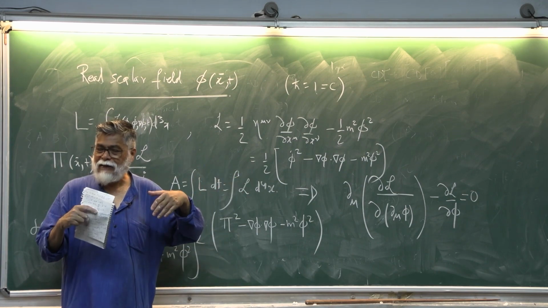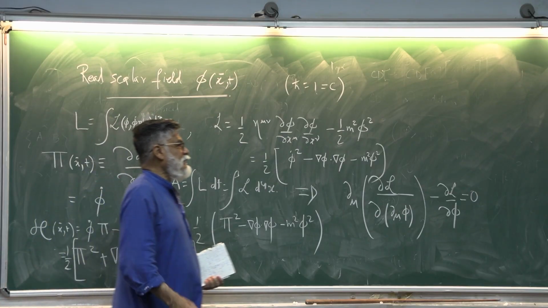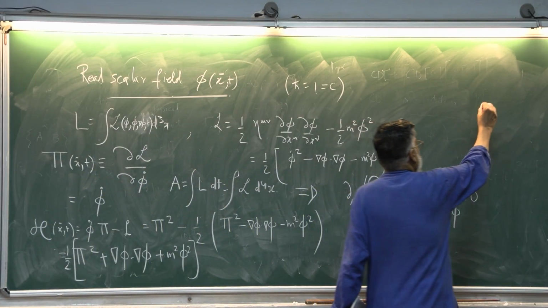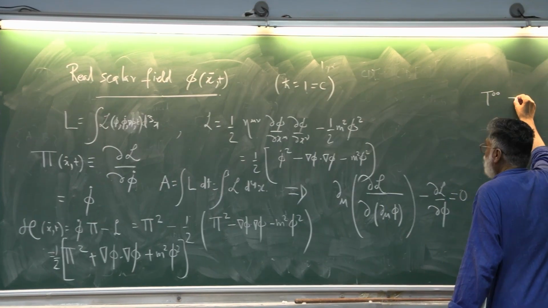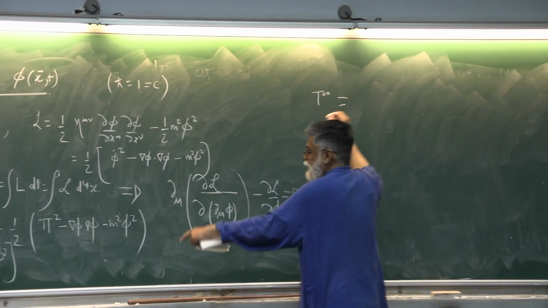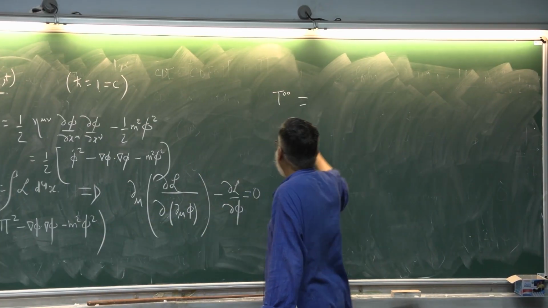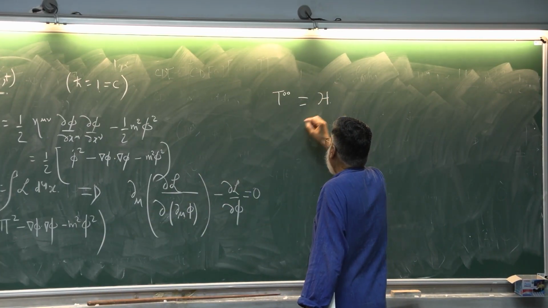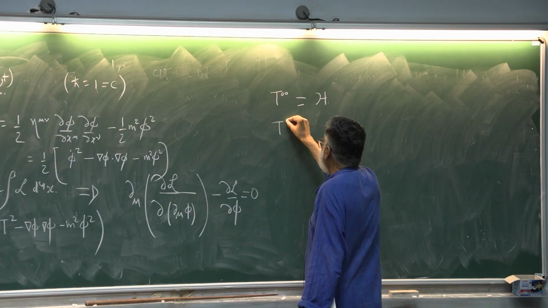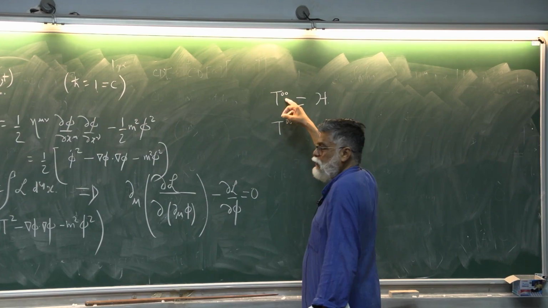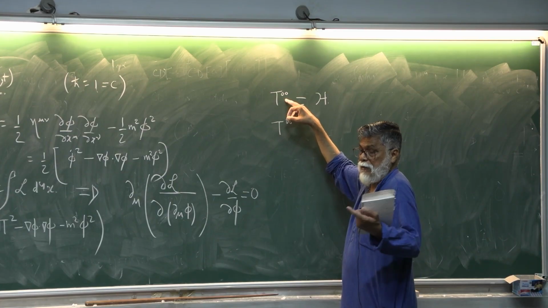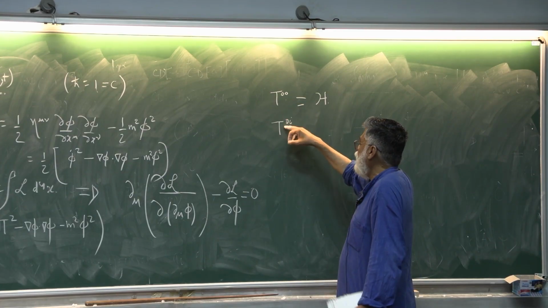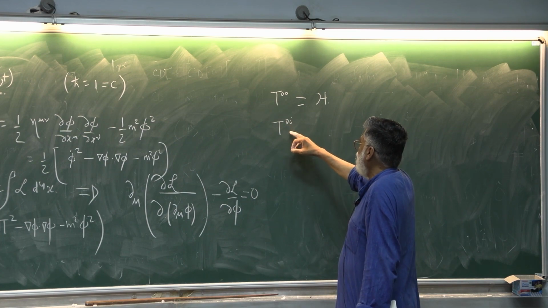When you do that, you will find that the energy density T00, the 0 component of the energy momentum tensor, turns out to be the Hamiltonian density that we have obtained. And the momentum density, by the way, I will talk about the energy momentum tensor in much more detail because it will be important for general relativity. Here I am only giving a snapshot.